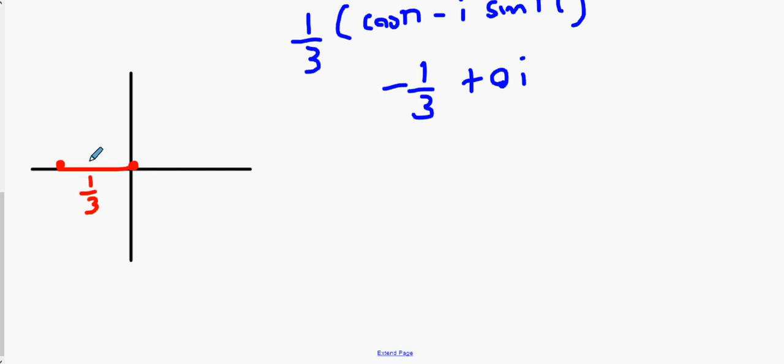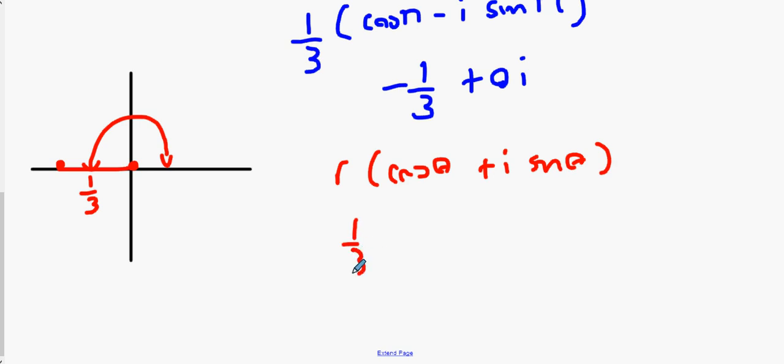What's the angle? So it's going to be 1/3 cos pi plus I sine pi. Did you get that answer? It's minus pi. Is it? It's the same thing though. Same answer when you multiply it back out.